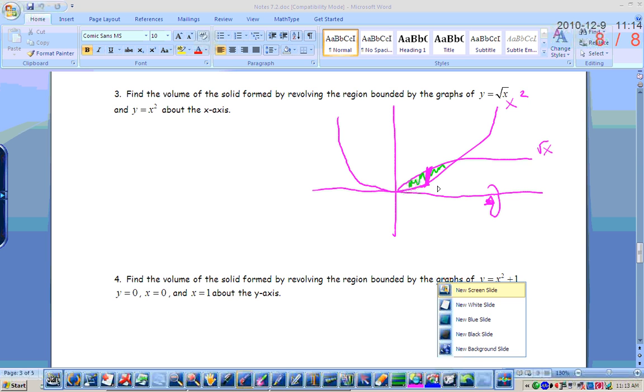So if there's going to be a hole, then you have to use the washer method. So we're going to do pi integral of big R squared minus little r squared. No, the hole does not have to extend all the way through the object, because basically right here, you're not going to have a hole right at the origin.